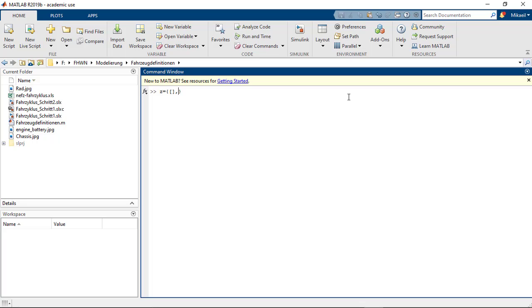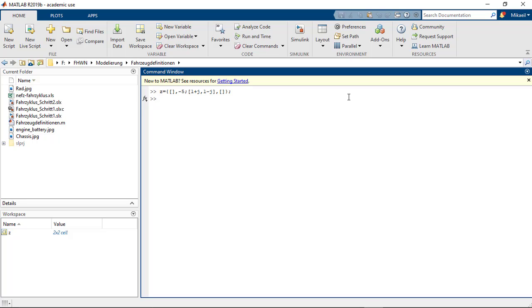For h12, we have -5. We go to the next line. For h21, we have 2 complex conjugates, 1 plus j and 1 minus j. And for h22, we don't have any zero.